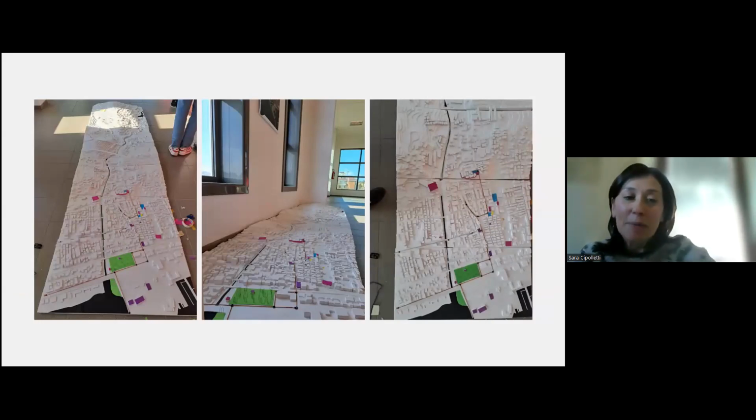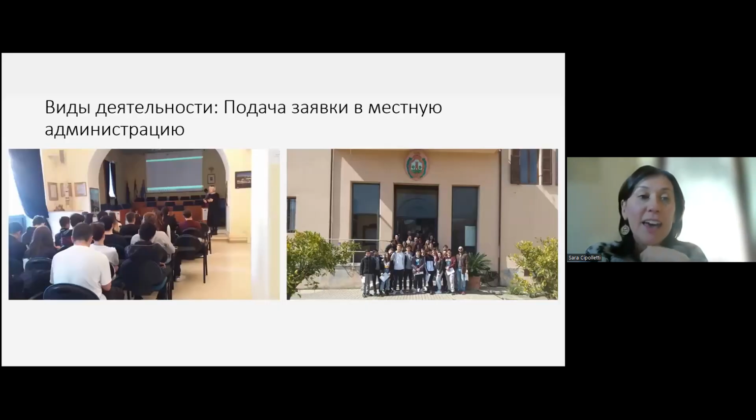And this is part of the experimentation that linked this building to a network of places of the city, which are very important for teenagers. Then the last part was the submission to the local administration. So every time we make a conclusion event to explain the experience, we submit this experience to the local administration.